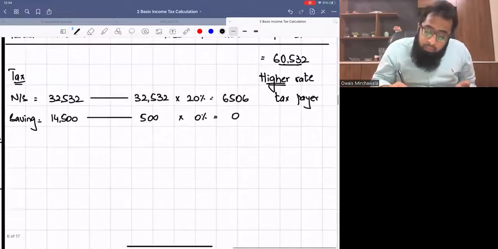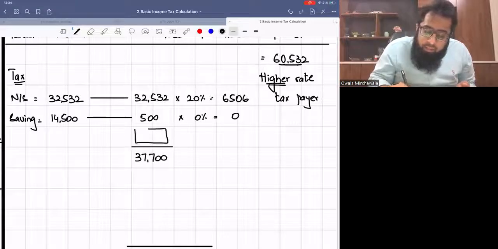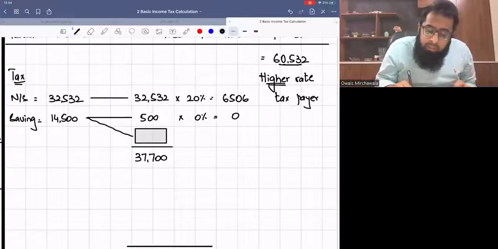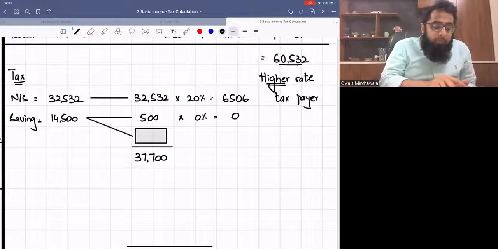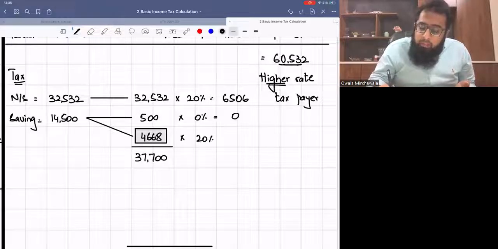Now, let's look at the basic rate band. The basic rate band goes till 37,700. So how much amount is remaining in the basic rate band? 37,700 minus 32532. So 4668 is remaining in the basic rate band.